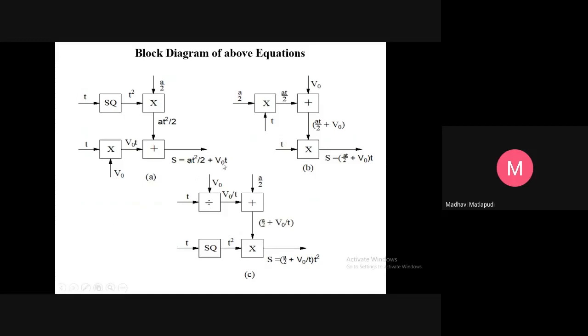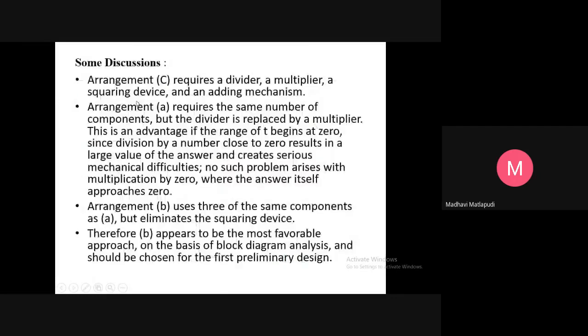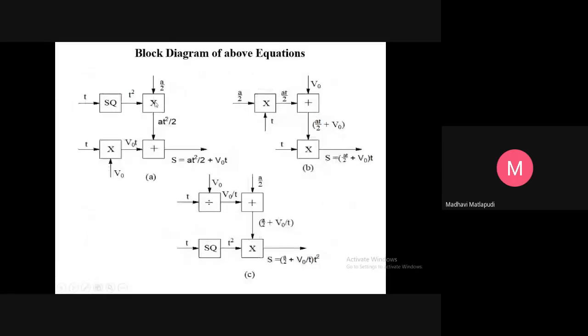Now, how do we arrive at this with the blocks? For a square operation block, you send the input as T. Then it will give the output as T square. Now this T square is an input to this block and another input is A by 2. Put together, you get A T square by 2.